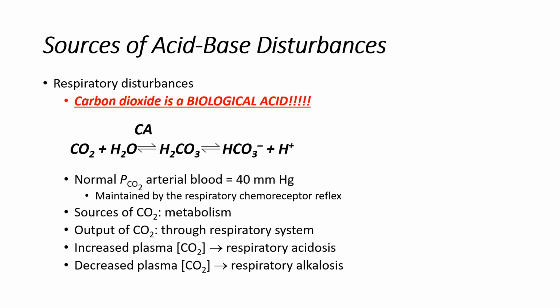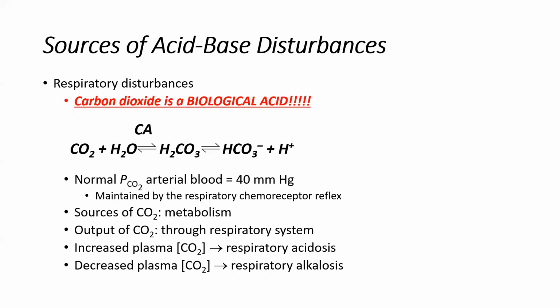So if you have an acid-base disturbance, let's say you have an excess diet that has lots of fats, lots of proteins, and so you have more acid coming into your system, this is going to be a trigger for these respiratory centers, these chemoreceptor reflexes that pick up that excess acidity in your blood, and they are going to trigger the lungs to increase your ventilation to blow some of that CO2 off.